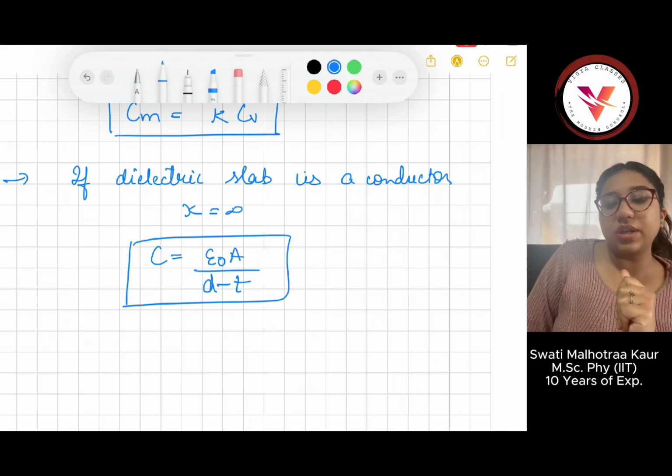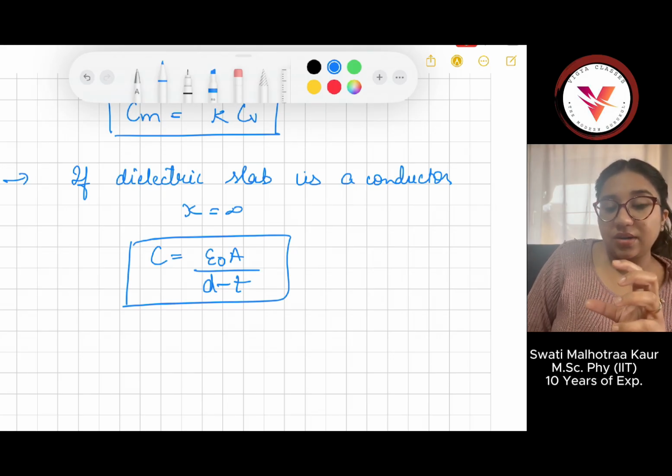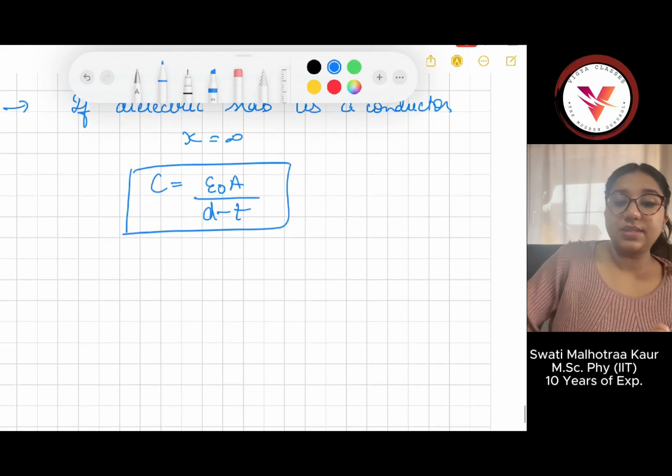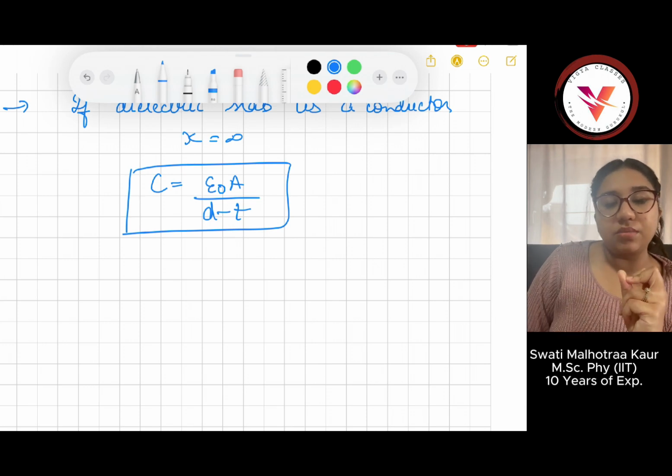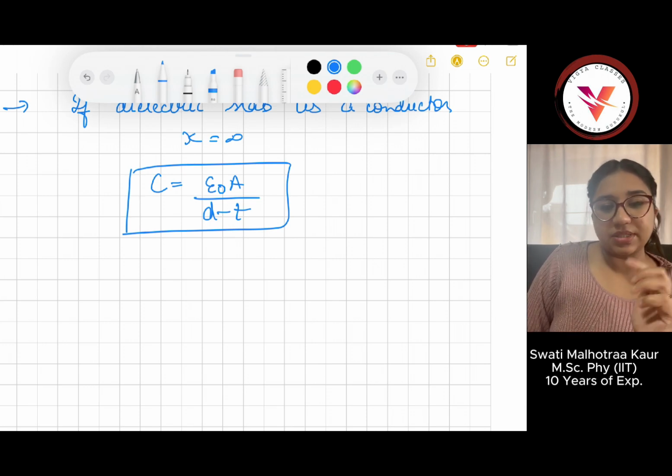So it becomes epsilon naught A upon D minus T. Basically this decreases: if the slab is conducting, then your capacitance will decrease. Okay, the last one is we'll calculate the energy density of a capacitor.